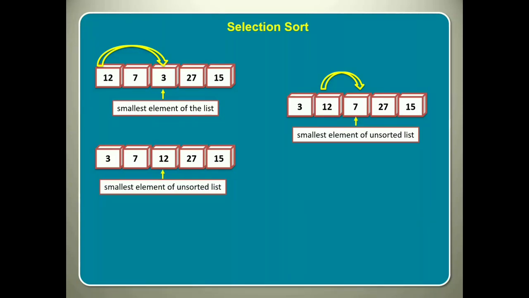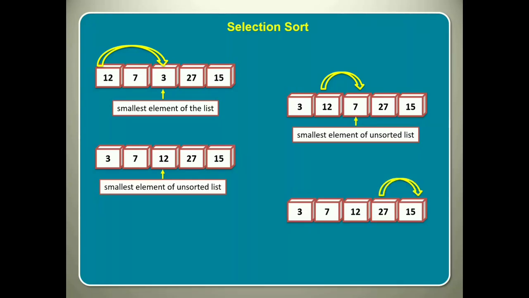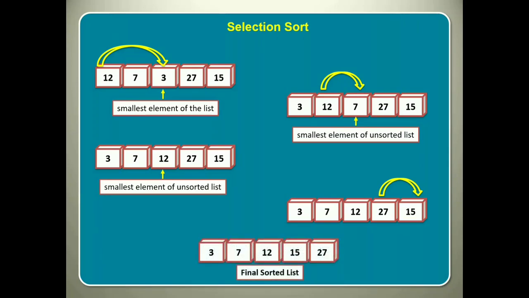Since 12 is already at the right position, the list is not changed. 3, 7, 12, 27, 15. Step 4. Next, 15 is swapped with 27. Finally, the list is sorted in ascending order and now it shows 3, 7, 12, 15, 27.